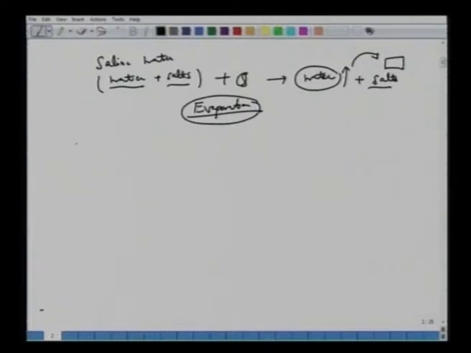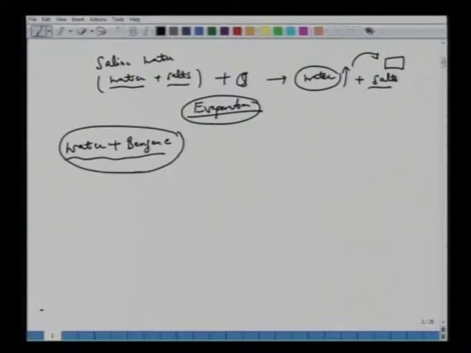Okay, similarly let's take water and say we have benzene. Now it's possible that we bring this water and benzene in contact with some solid, let's say charcoal.